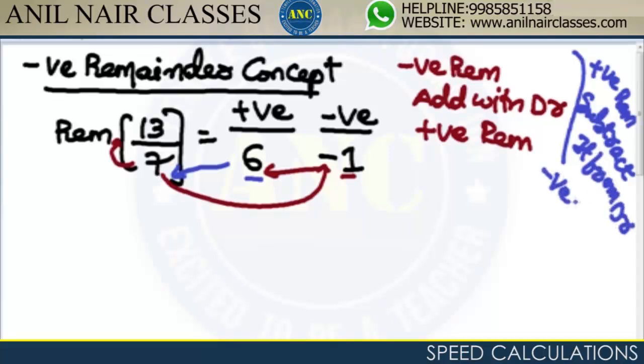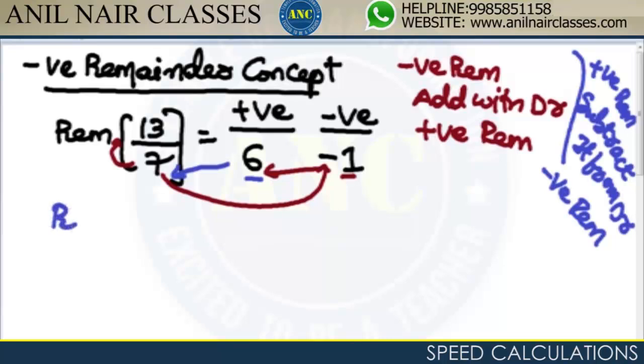This you should know, otherwise remainder problems might be difficult. Once we solve a lot of problems, you will come to know when to use positive remainder and when to use negative remainder. If you get a negative remainder, add it with the denominator. If you get a positive remainder, subtract it from the denominator.